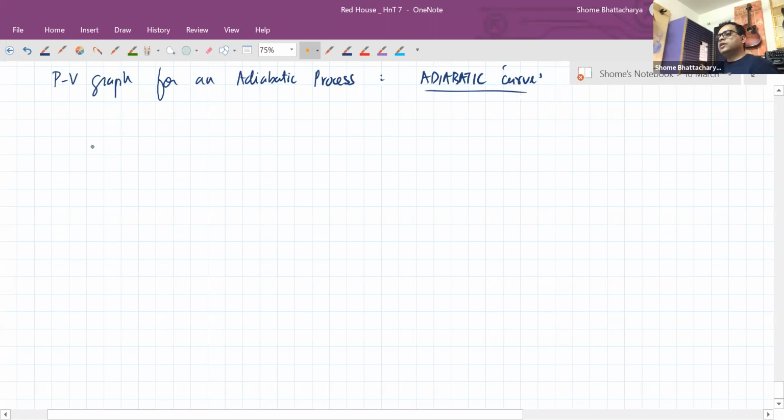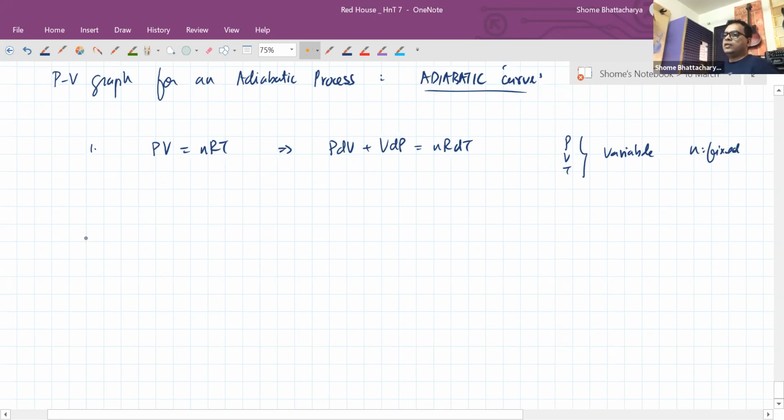On the one hand, you have PV = nRT, which we write in differential form as PdV + VdP = nRdT, because pressure, volume, and temperature, all three are variable here. Only the number of moles is fixed.